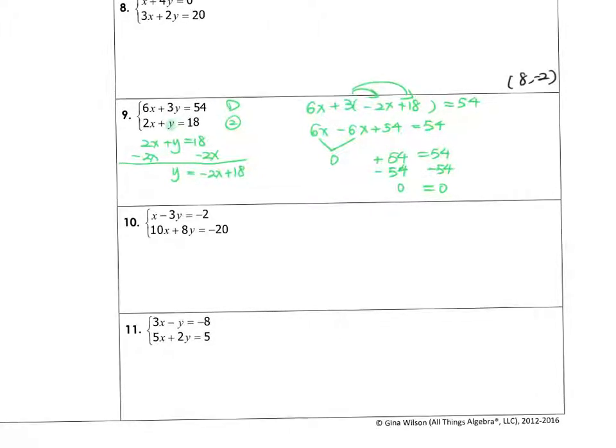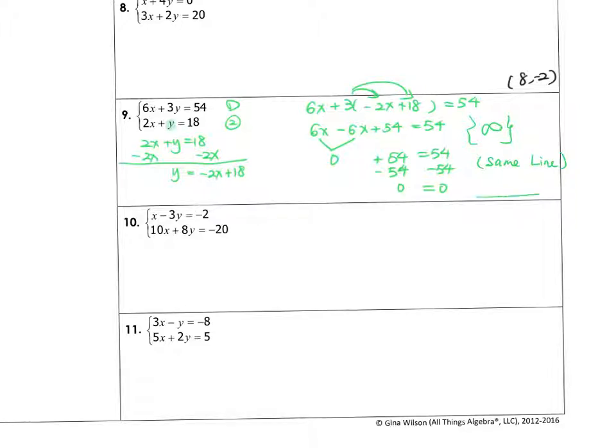What does that mean? It doesn't matter what x and y is, I always have a true statement. In this case, my answer is infinity, right? In other words, they are the same line.